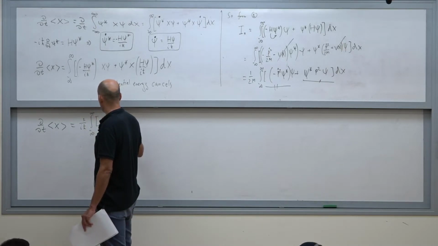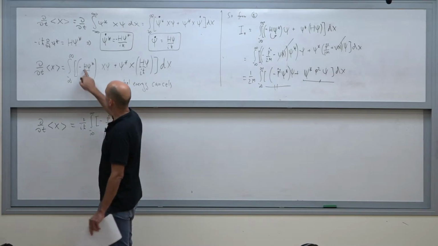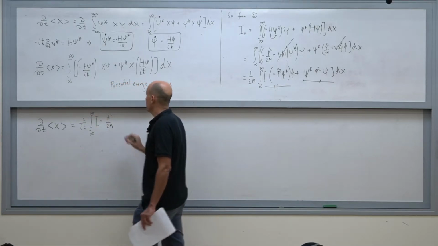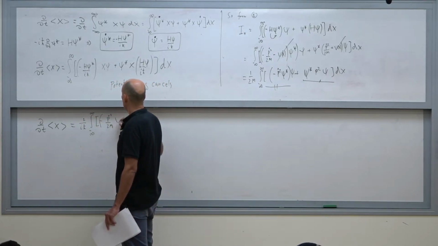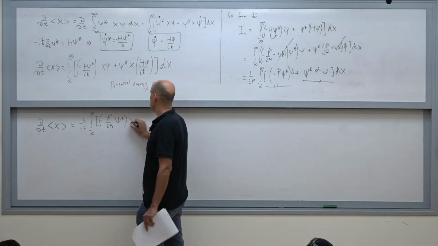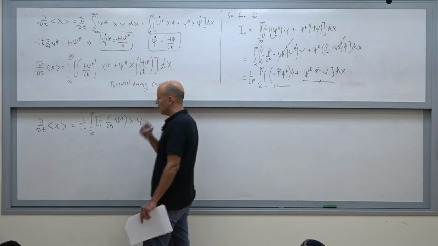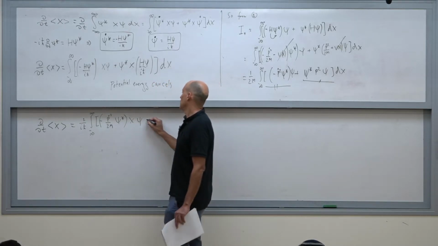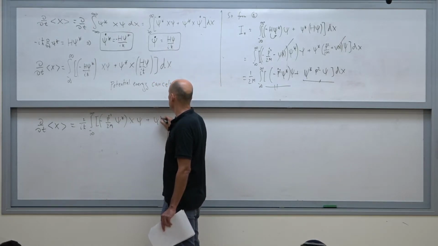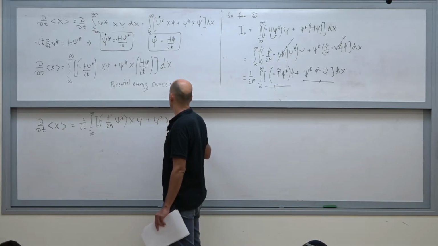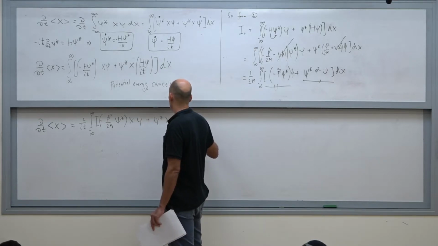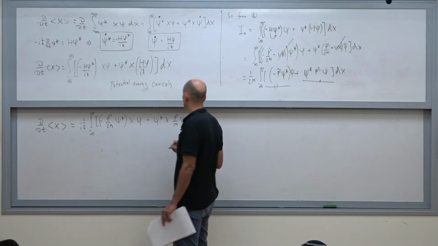This is the kinetic energy, which comes from this H. Minus (p squared over 2m psi star) x psi plus psi star x p squared over 2m psi, dx.